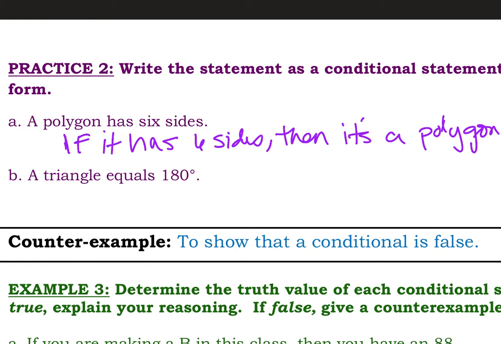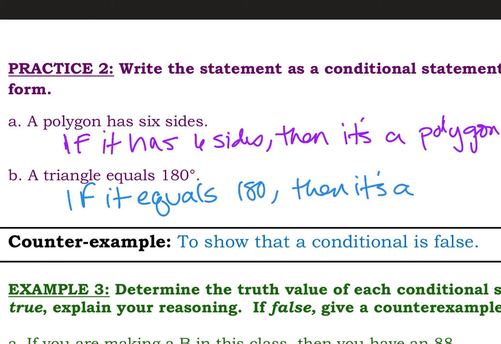The next one, a triangle equals 180. If it equals 180, then it is a triangle. You could have put if it's a triangle it equals 180, that would be fine too. Okay?